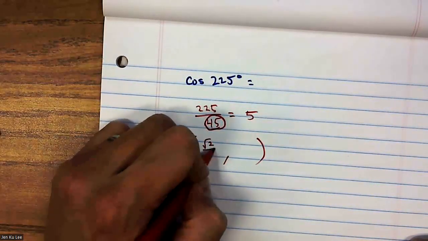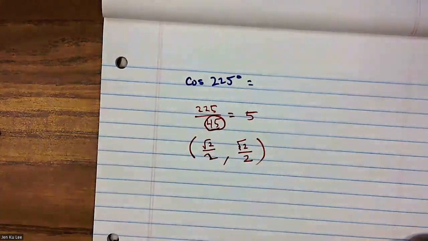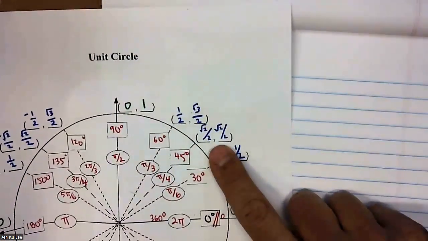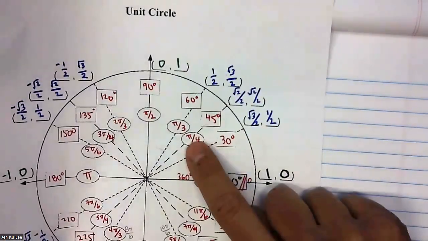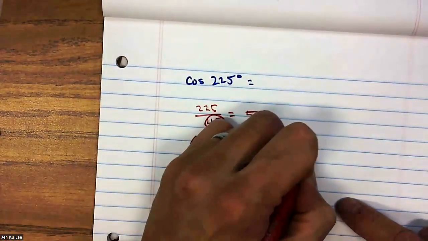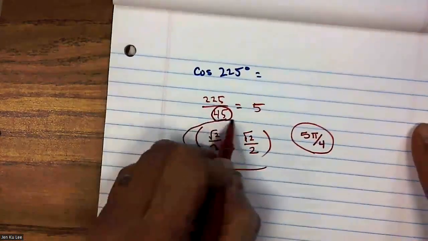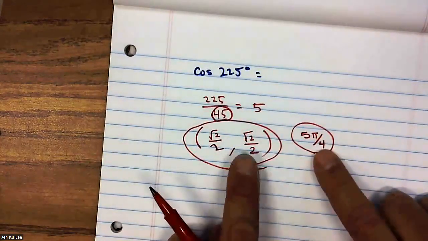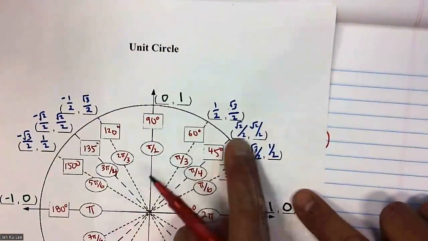So that's square root of 2 over 2, square root of 2 over 2, because I memorized this guy, right? Okay. Oh, pi over 4. If it's ever in radians, this would just be 5 pi over 4. Okay, that's my coordinate. That's my radian measure. That's all the information, right, that I have here.